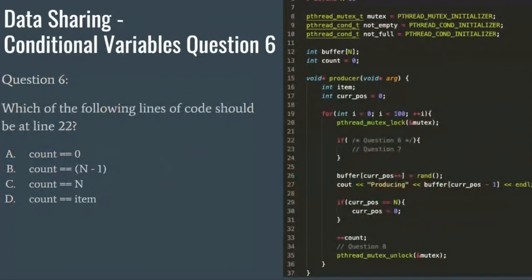Okay, let's move on. Question 6. Which of the following lines of code should be at line 22? Just giving you a little hint, this is essentially the producer consumer problem. If you can remember what you did in there, this should be a little bit easier for you.